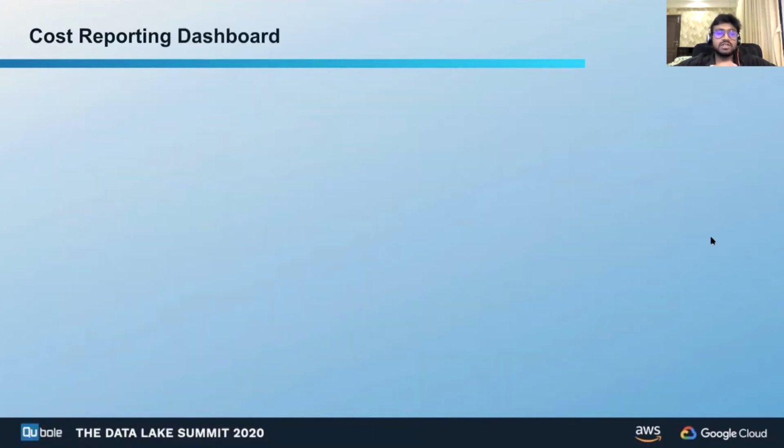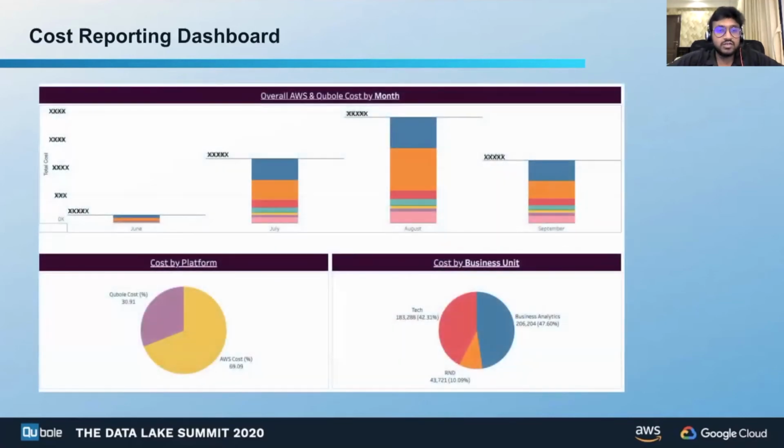Next in our journey was creating dashboards using Tableau on top of this cost reporting data cubes that were hosted by Qubole. Since these cost reporting cubes had various attributes, we could create dashboards that were quite detailed.